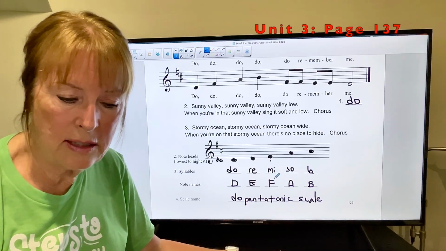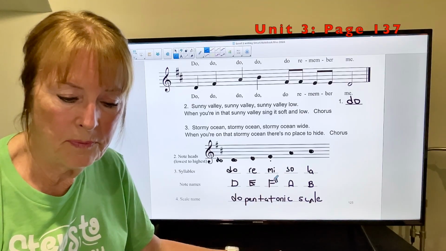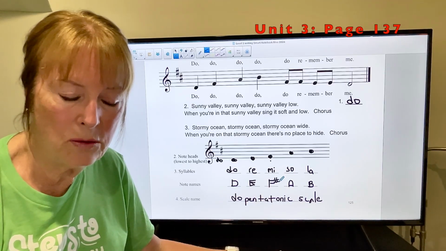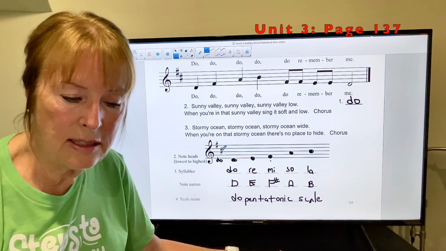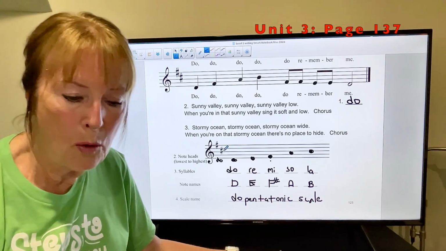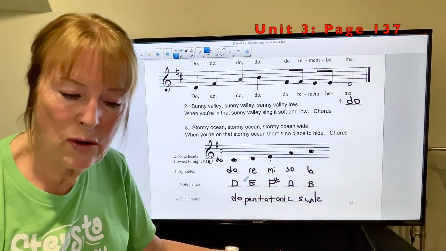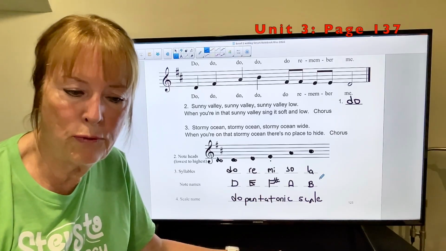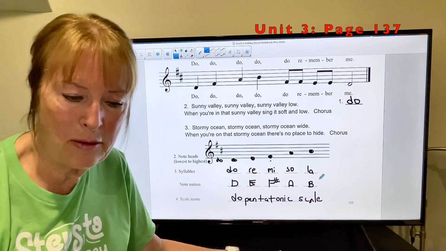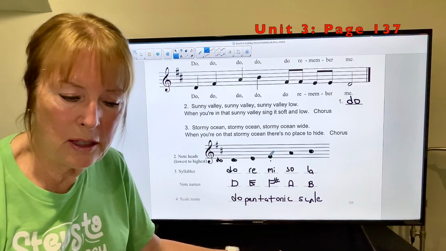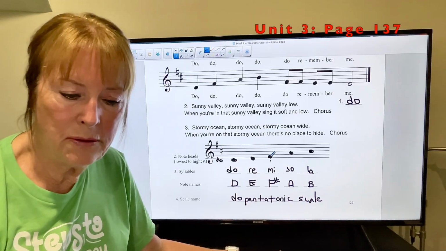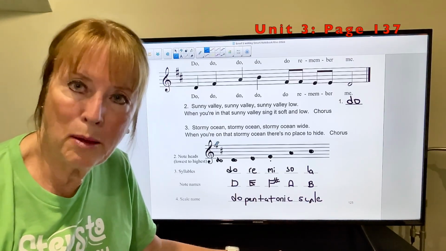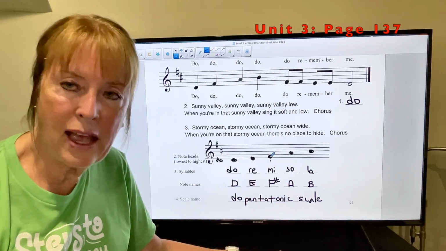So we're going to call this now F sharp, with that tic-tac-toe sign there. And then this one is in the 3rd space up, which we learned is a C. Well, we don't have any Cs. So in this pentatonic scale, we don't have a C, so we don't have to worry about it for this particular melody. And we don't have to put our sharp in here for F sharp because it tells us we automatically have to sharp that F.